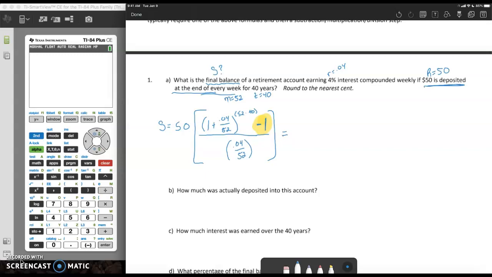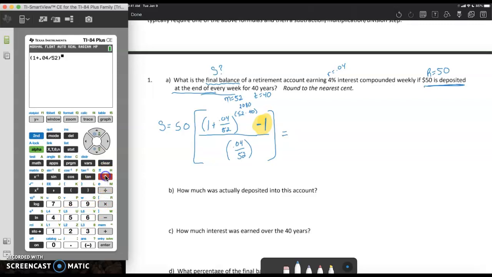That's what I kind of like to do to avoid having to do parentheses inside of parentheses inside of parentheses on these. So the first thing I'd probably do is figure out what's 52 times 40, because that can help me a little bit. So that's 2080. And maybe I go from there. So what I'm going to do is I'm going to type in parentheses. I'm going to go on the inside. 1 plus 0.04 over 52.